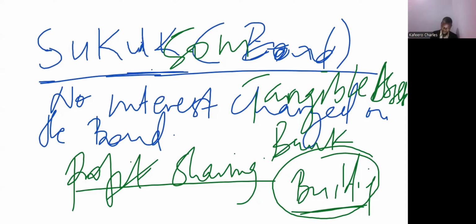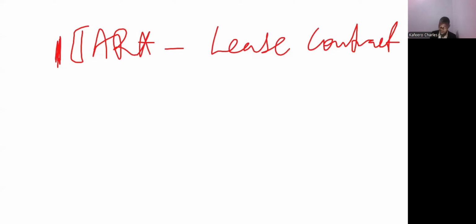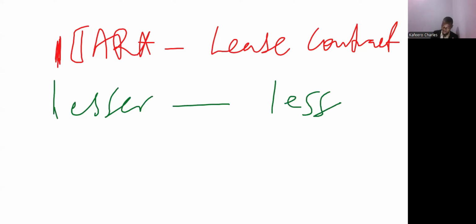So let's look at the other one, ijara. Ijara, we said, is a lease contract. An ijara transaction is the Islamic equivalent of a lease, where one party, the leaser, allows the other party, the lessee, to use the asset against payment of what we call rental fees.